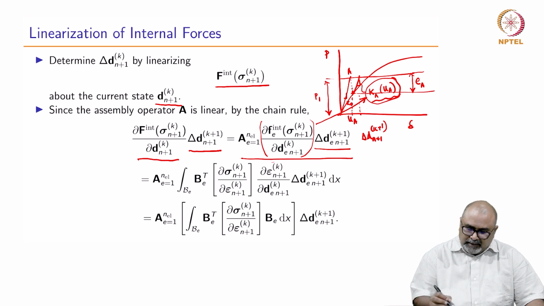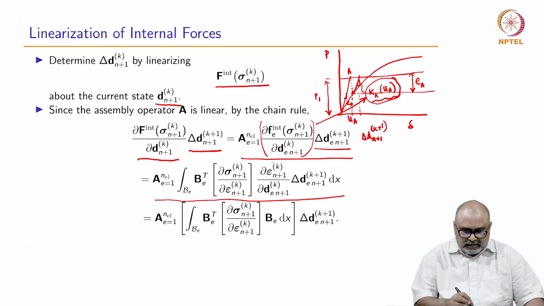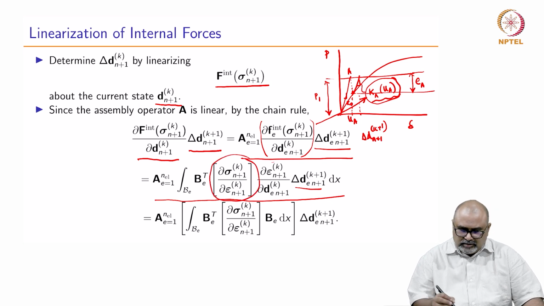So, when I put that in an integral form, I can write this as a summation over all the elements of B transpose times dou sigma n plus 1 by dou epsilon n plus 1, times dou epsilon n plus 1 by dou d, times delta d, because this is essentially the tangent stiffness, or the tangent modulus, and then we have the change in epsilon with respect to dou d times delta d.